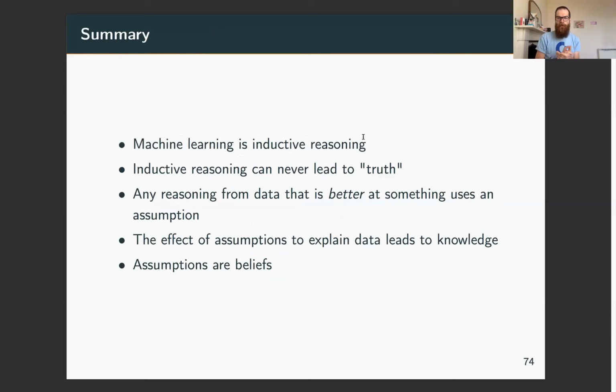Then your reply should just be, wow, you've broken the no free lunch theorem. That's fantastic. Because as soon as something works, that implies that assumptions have been made. And often we try to hide them, but rather the best possible work is the work that says, I've made loads of assumptions and they all work.